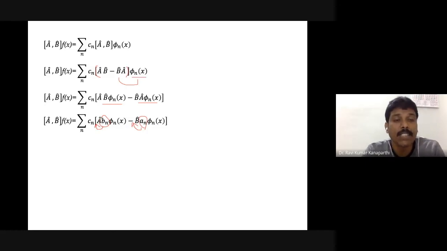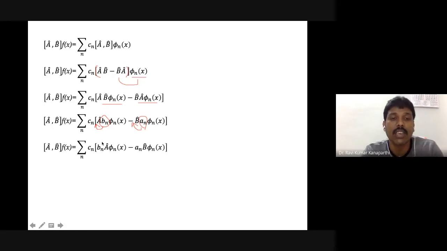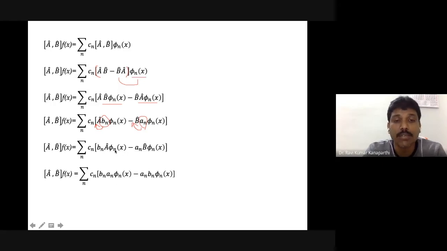And then this operator A, when it operates upon phi n of x, what we get is Bn multiplied by A phi n of x, and here An B phi n of x. Now in the next step, when A operates upon phi n of x, what we get is An phi n of x.